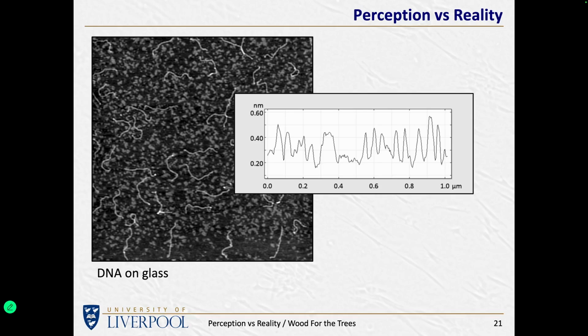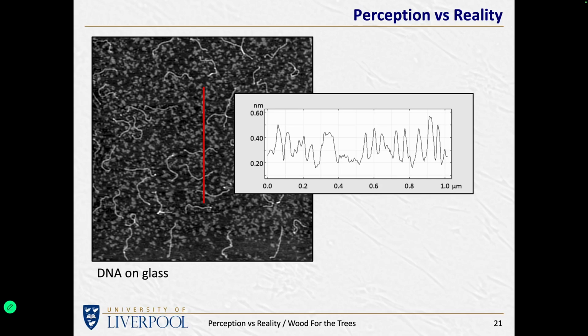If we take a slice through this image, and it's actually that red slice there, we can ask which of these high points that appear to be brighter are because we happen to be passing through a strand of DNA, and which of them are just the background glass. It's very difficult to look at that and get the computer to figure out which of those is DNA and which is just background glass.